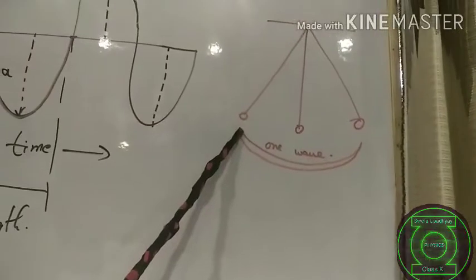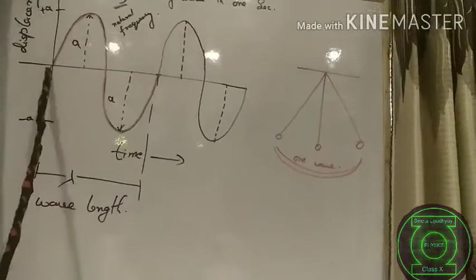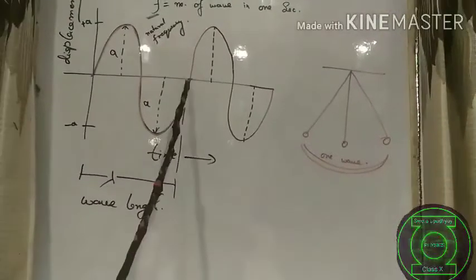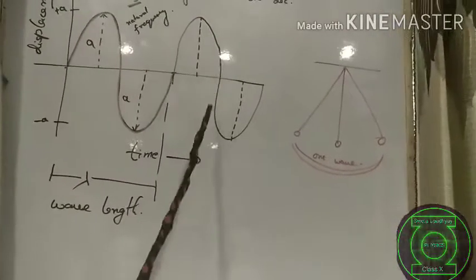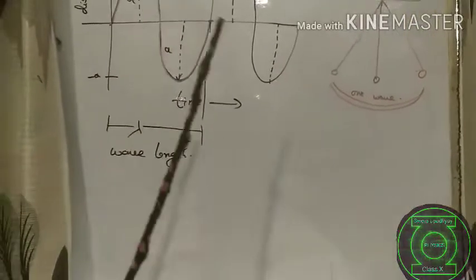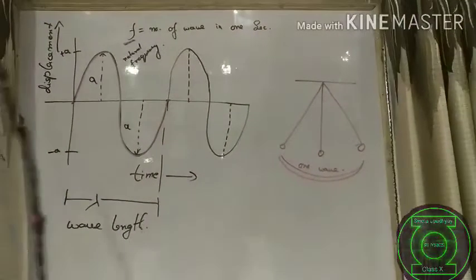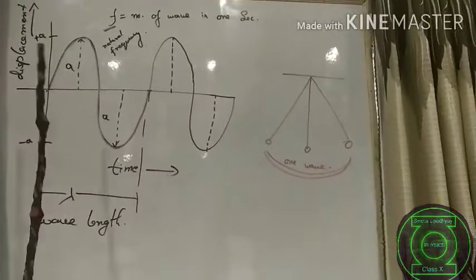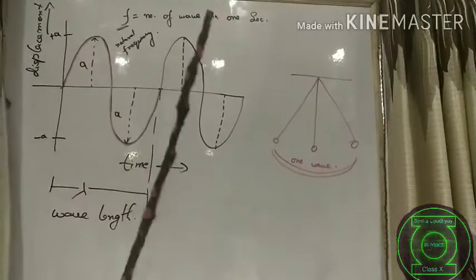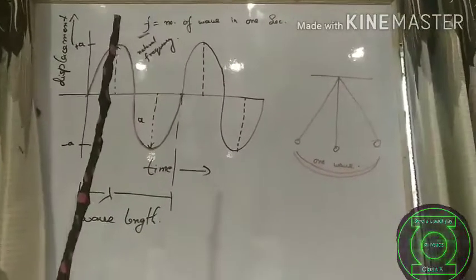So this is one wave. And in this displacement time graph, once we started our journey over here, this is one wave. Like this, the number of vibrations in 1 second we can calculate. Suppose for this stick, I first apply a force and then release it. The number of vibrations in 1 second is how we calculate the natural frequency.